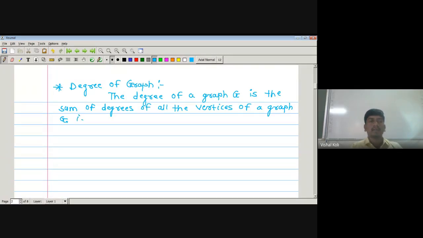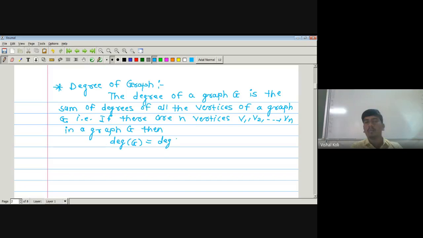That is, if there are n vertices V1, V2 up to Vn in a graph G, then degree of graph G is equal to the sum of the degrees of all the vertices of graph G. That is, degree of V1 plus degree of V2 plus up to degree of Vn.